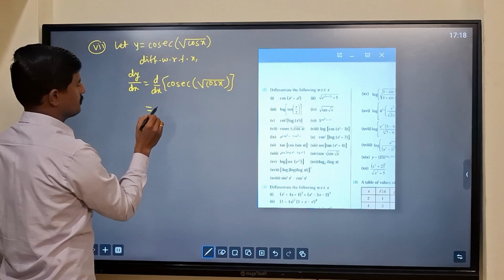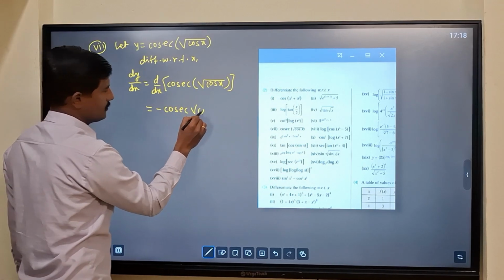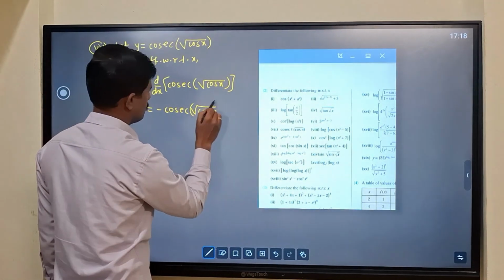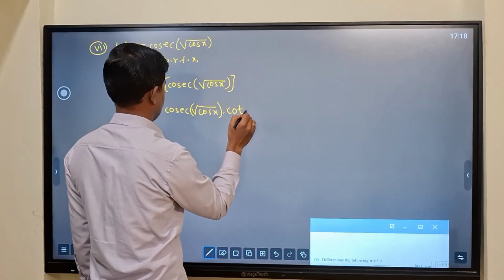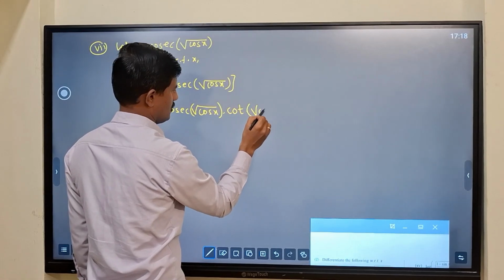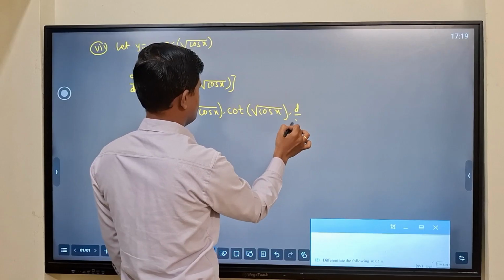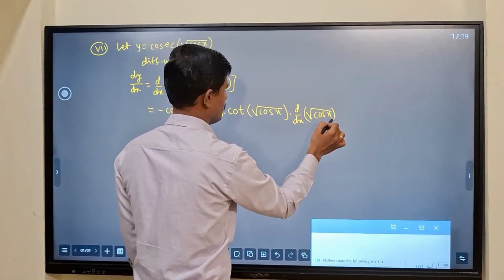Now differentiation of cosec x is minus cosec x into cot x. So it becomes minus cosec square root of cos x into cot square root of cos x into d/dx of square root of cos x.